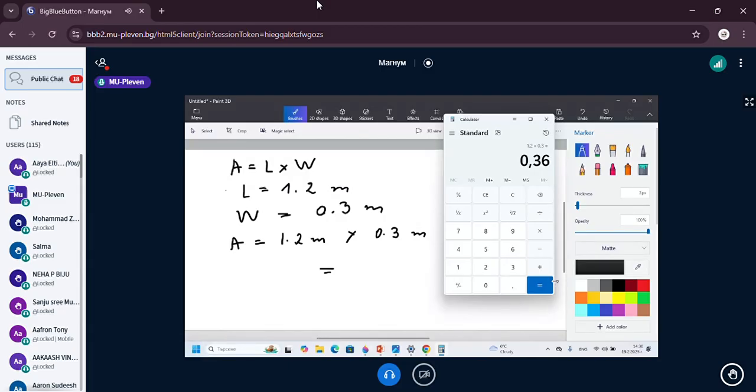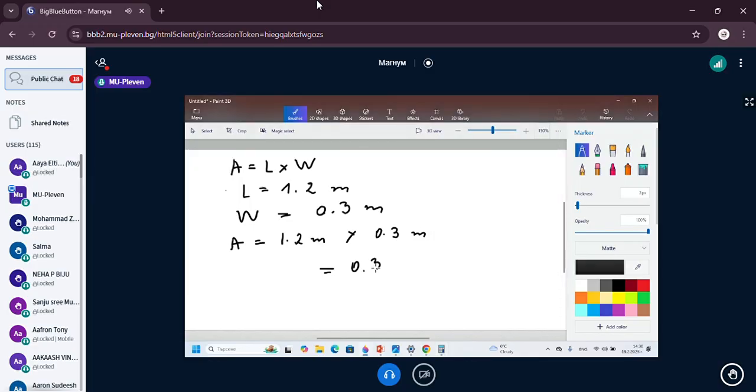In fact my example is very good, but we can't write the answer in this way. It is correct from a mathematical point of view, but incorrect from the rules of significant digits.